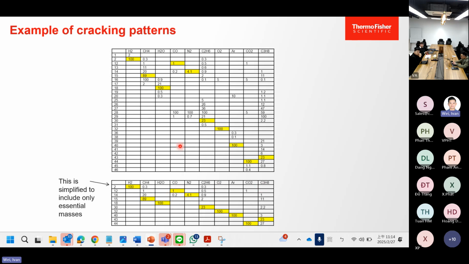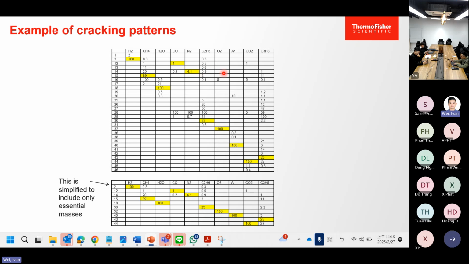As you can see here, for CO, when it breaks apart, there's a slight chance it will break down into carbon, which is 12. For nitrogens, there's a slight chance, about 4.1, that it will break down into a molecular weight of 14.